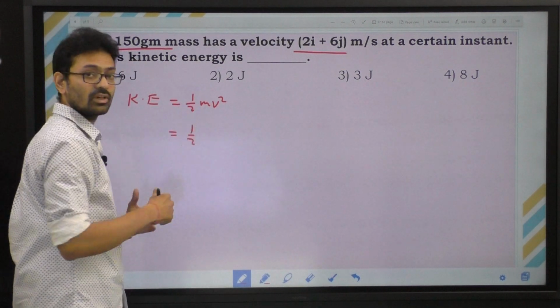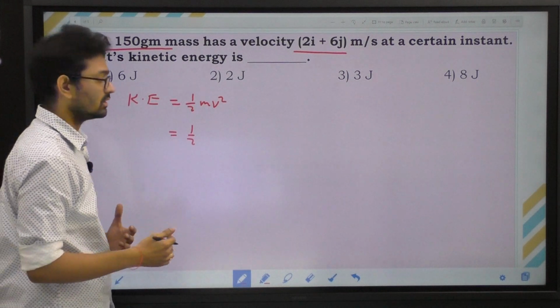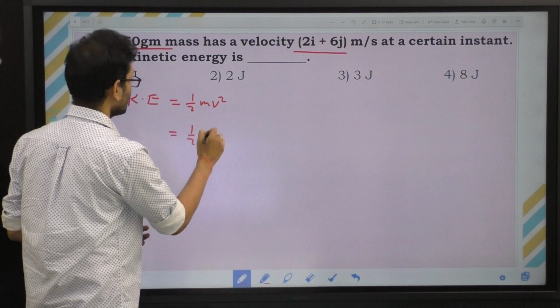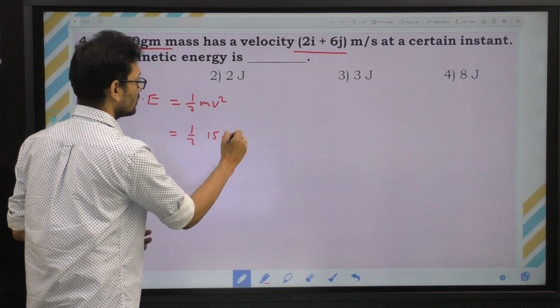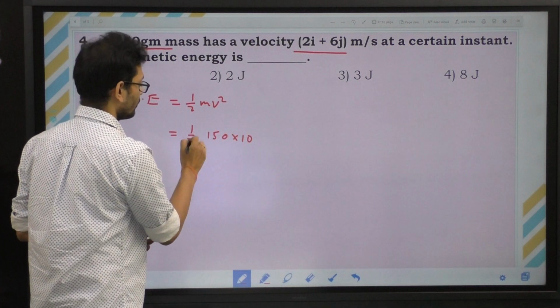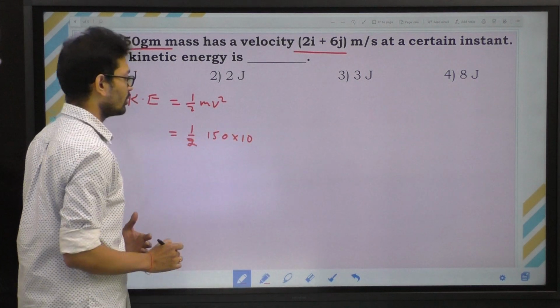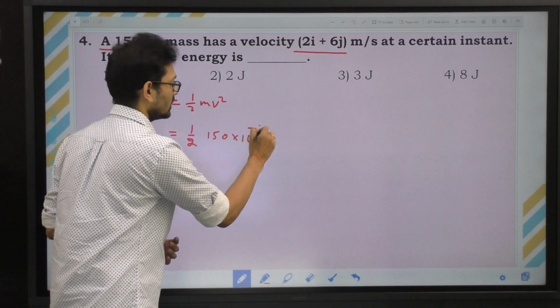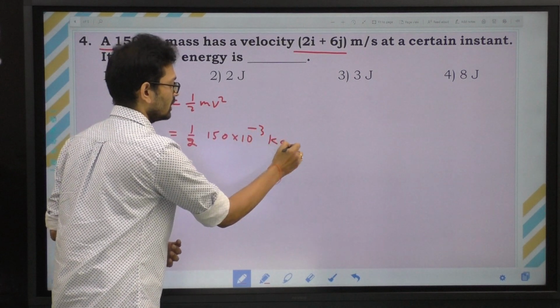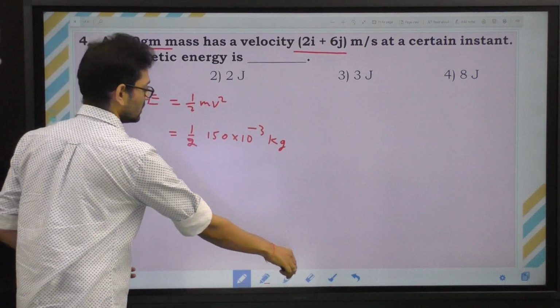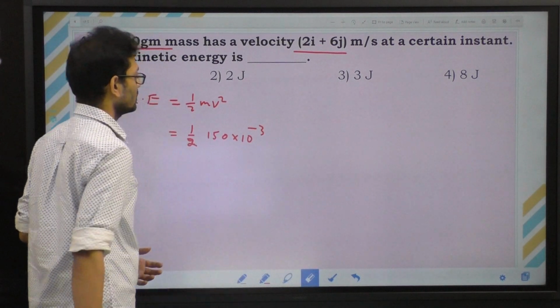If I want to convert it into SI, that means into kgs, then I will write it as 150 into 10 power minus 3 kgs, right? So I have converted it into SI, so I don't want to write the units over here.